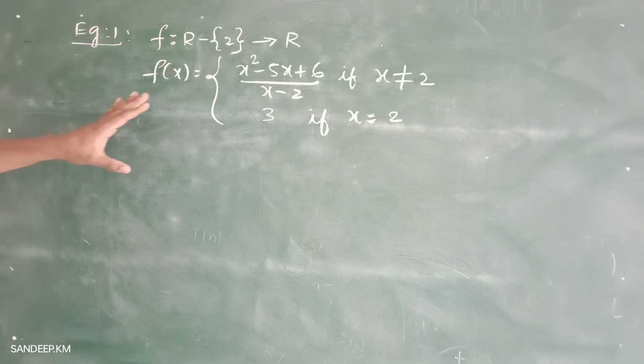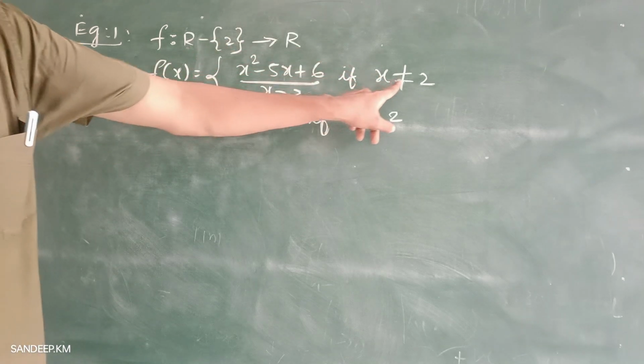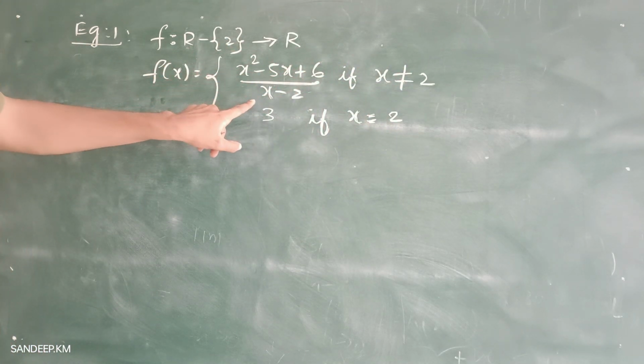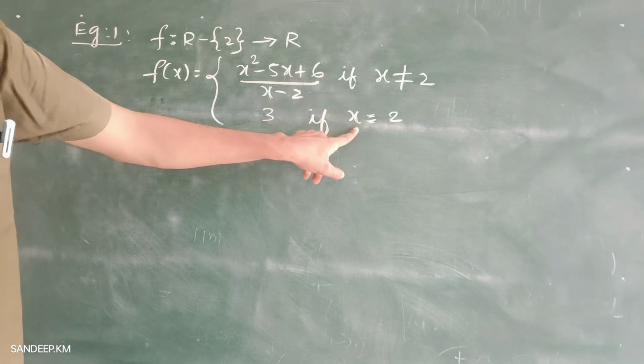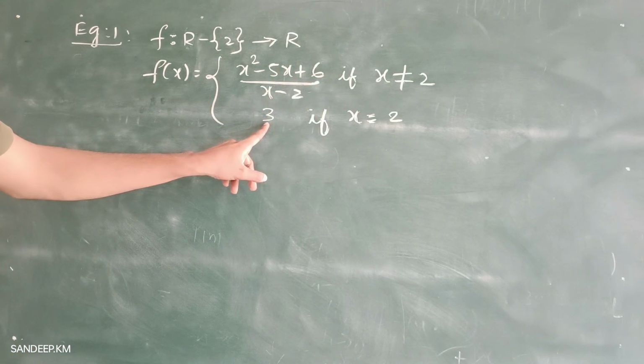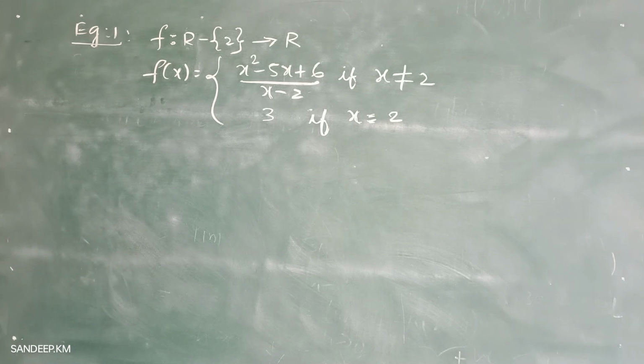In third example, I have taken a piecewise function. If your input is not equal to 2, then f of x is equal to this function. And if your input is equal to 2, then f of x is equal to 3. I hope you understood this. So dear students, when you simplify f of x, what happens?